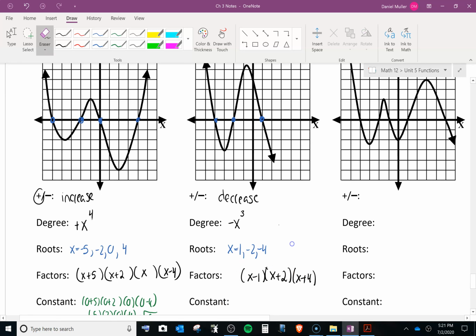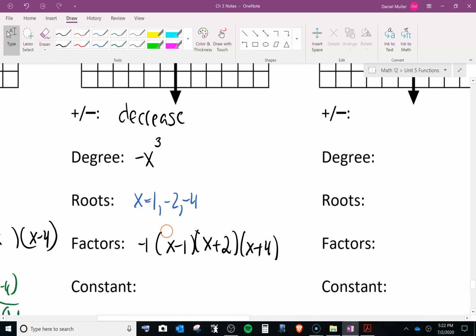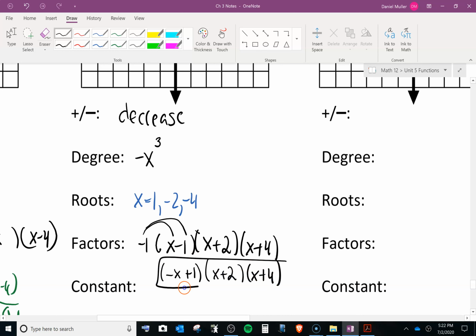Alternatively, that -1 you could just bring into one of these. Multiply it in, for instance, this one, and make it a negative x and a positive 1, and then x plus 2 and x plus 4. And watch, it still actually works.